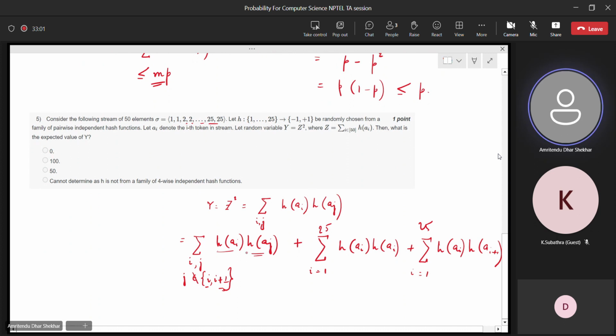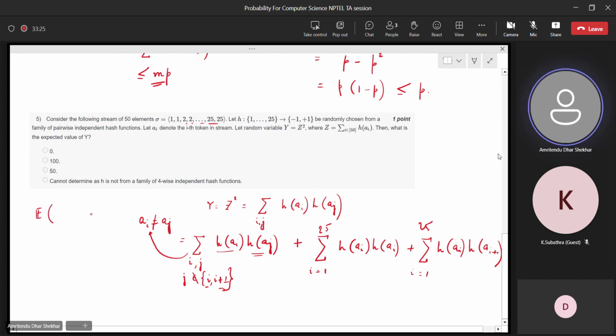So essentially it means that a_i is not equal to a_j. So this is the first case. Okay. So if a_i is not equal to a_j, then what is the expectation of this?